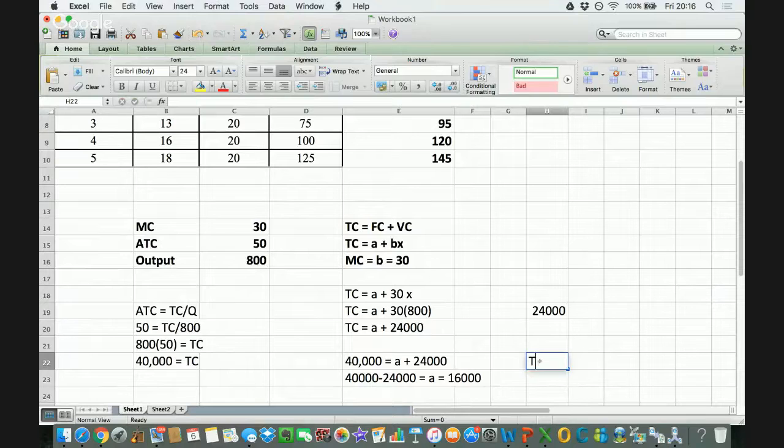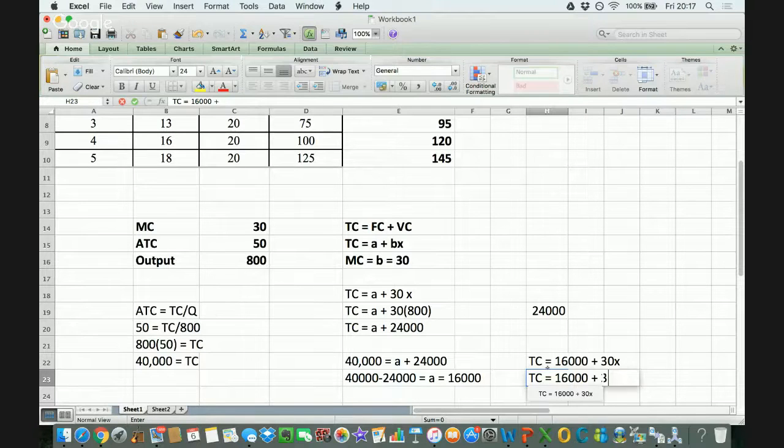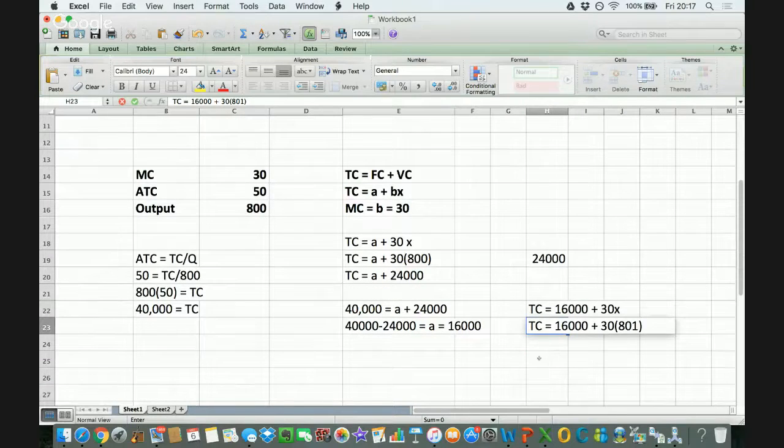Your full equation is your total cost equals fixed cost of 16,000 plus your variable cost 30x. And we're going to put in 801 for your x. And we'll see that to be the final answer now.